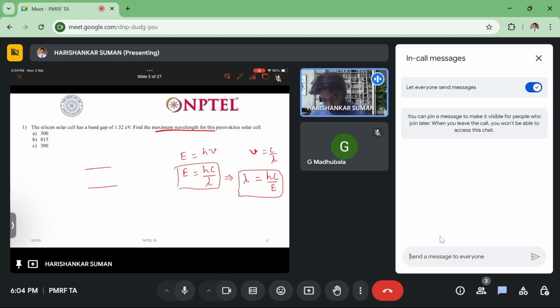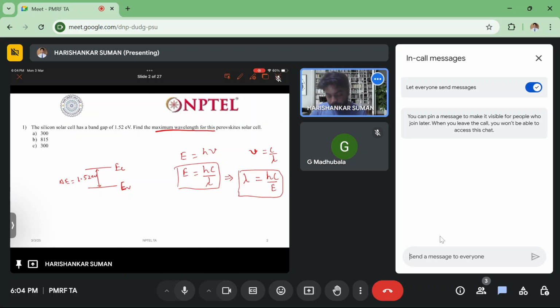Let's say we have a material with a band gap. This is the valence band, the upper side is the conduction band, and the band gap of this material is ΔE equal to 1.52 eV.